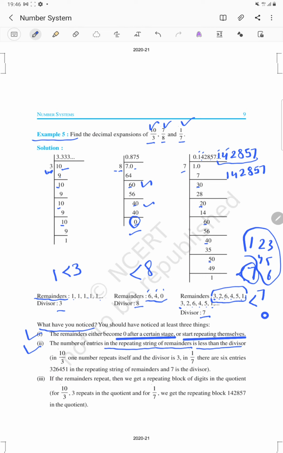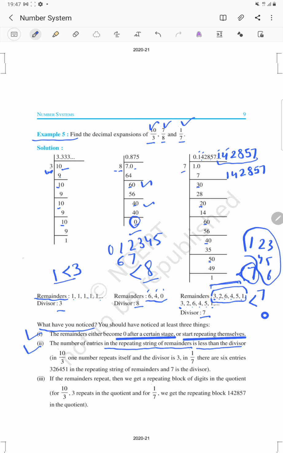And even the number of different remainders is less than 7. In the case of 8, the different remainders can be 0, 1, 2, 3, 4, 5, 6, 7.